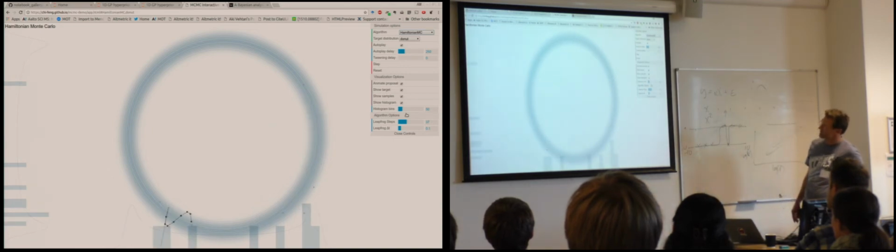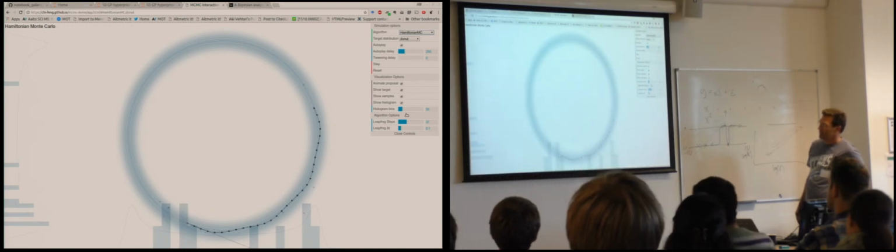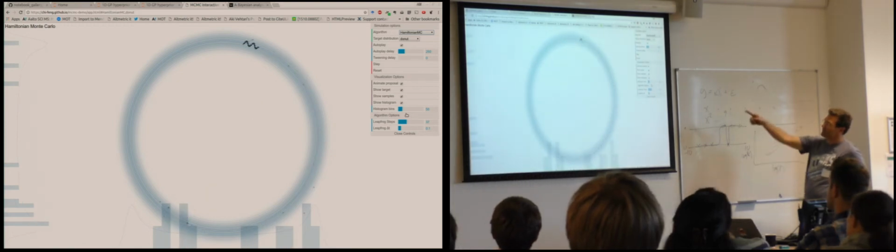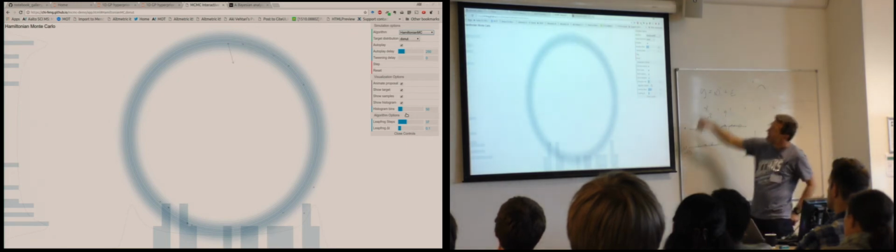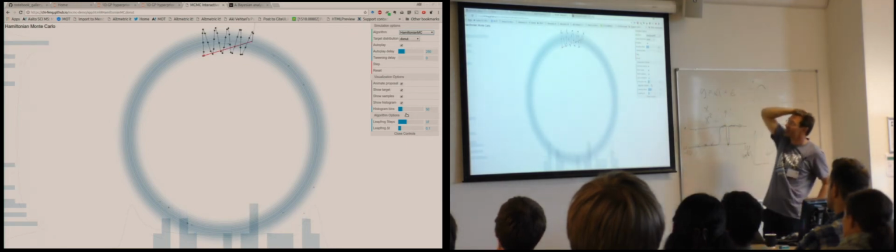Let's change to Hamiltonian Monte Carlo. You can see that it's sometimes getting quite far away. And so when it gets quickly to the other side, that's really nice.